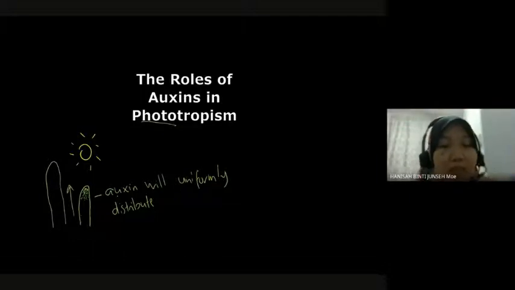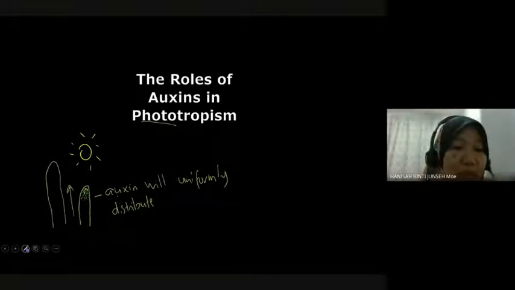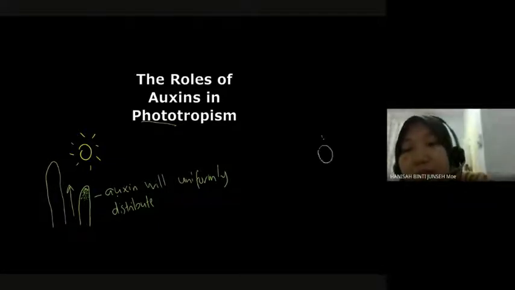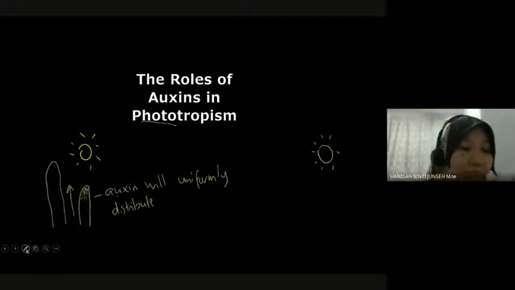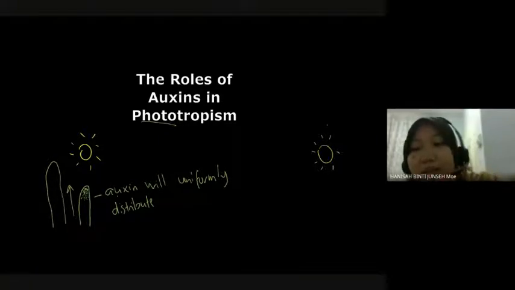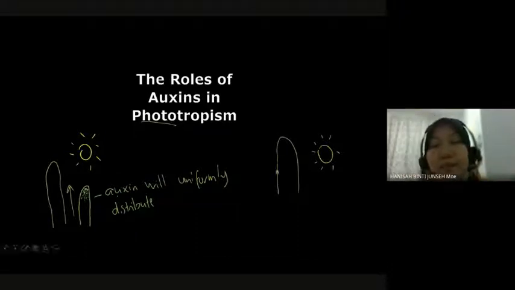Okay, and the second situation is when there is uneven exposure of light. Maksudnya, okay, when this is a source of light and then these are plants, the plants are exposed only at one side. Ini yang penting dengar betul-betul. Okay, ini yang biasa kita faham dengan memang logik lah.